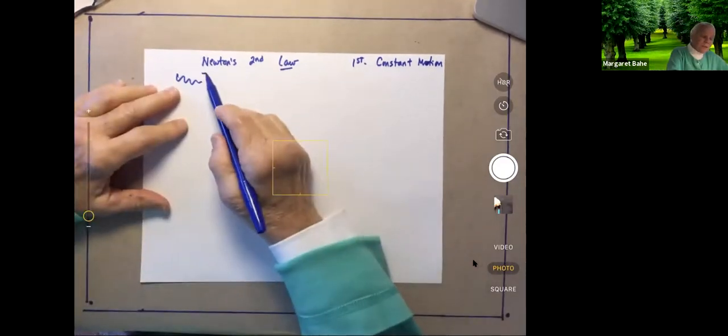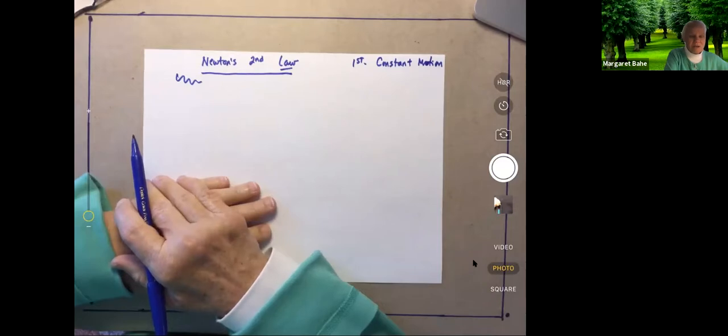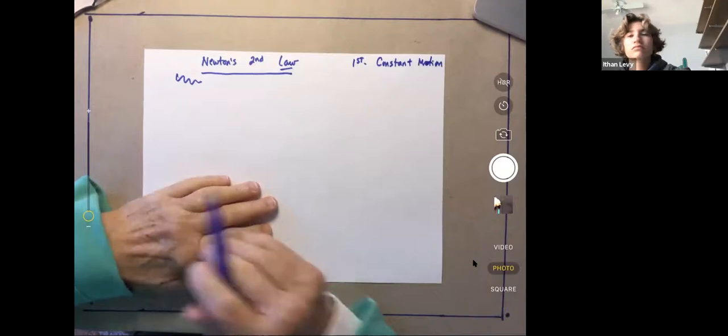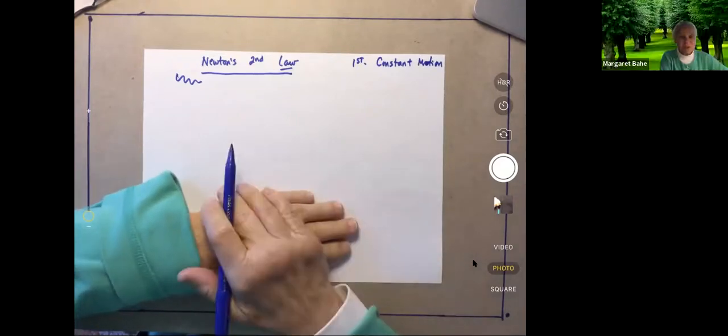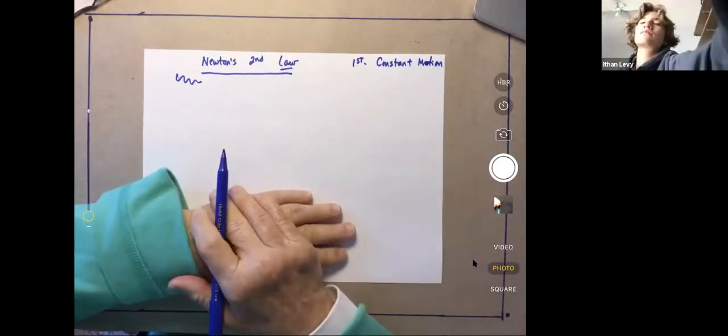So kind of opposite to that, we're going to now work with Newton's second law, which is going to say if that's not true, if we are going to create a bigger and bigger force, what is likely to happen to our object? So if something doesn't move with a constant motion, what kind of motion is it going to have?